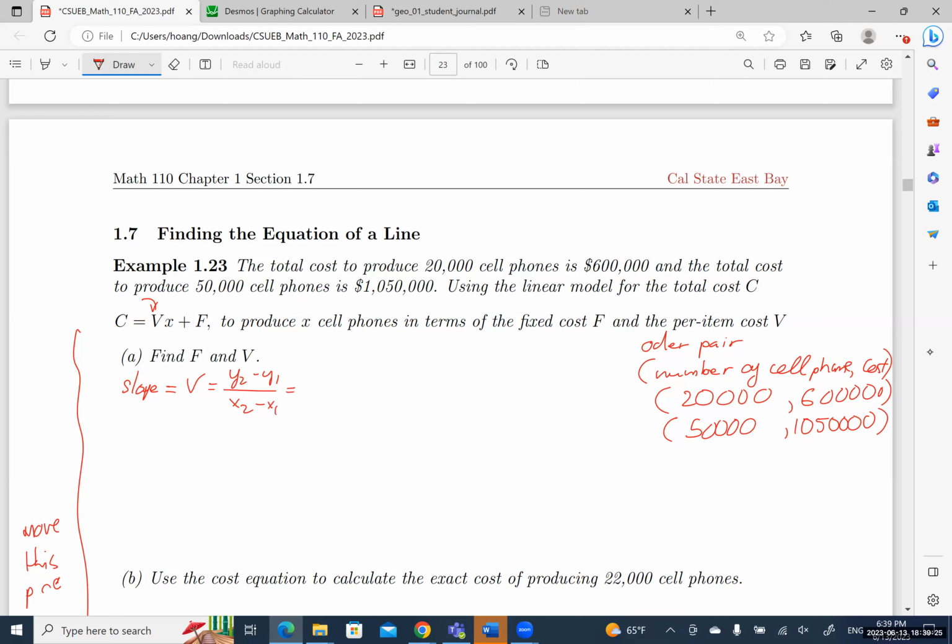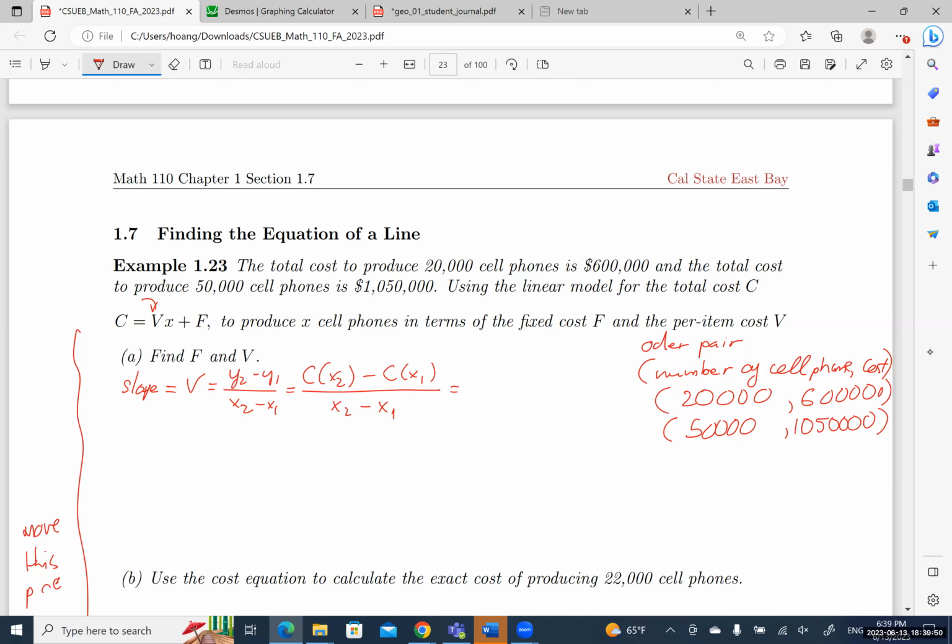But since y here is actually the cost, I'm going to use C of x2 minus C of x1, and the bottom stays as x2 minus x1.